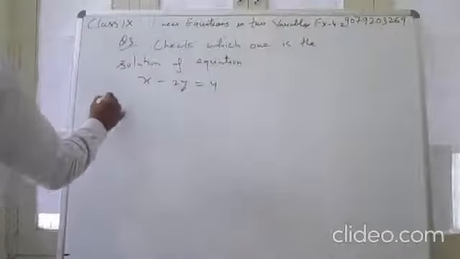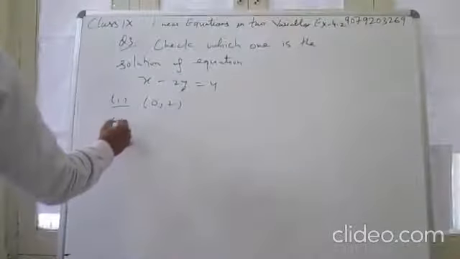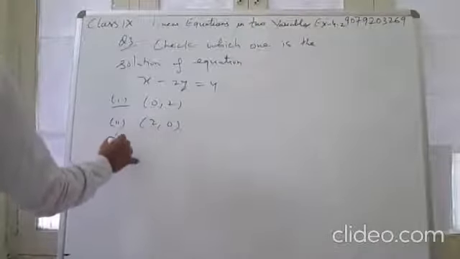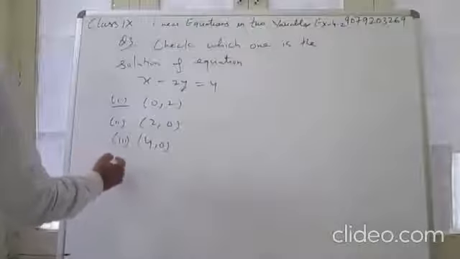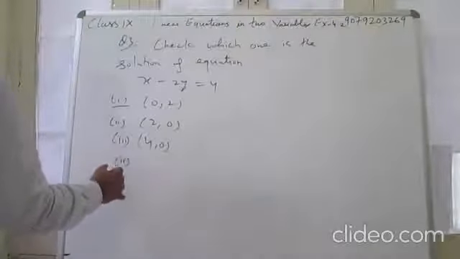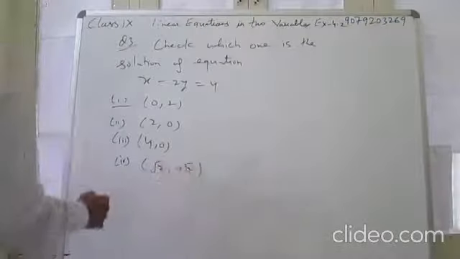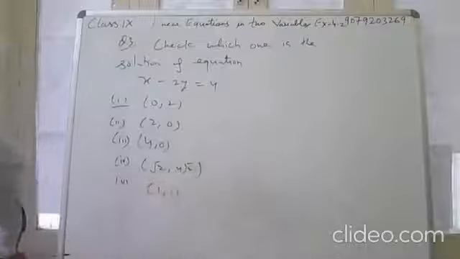The points given to you are: first 0, 2; second 2, 0; third 4, 0; fourth root 2, 4 root 2; and fifth 1, 1.